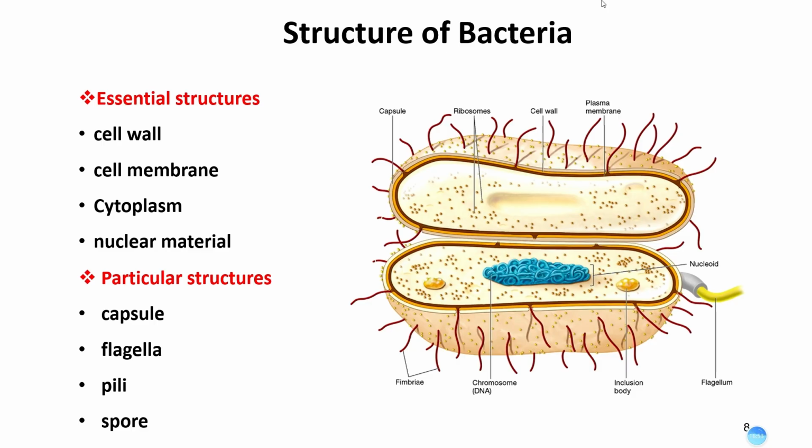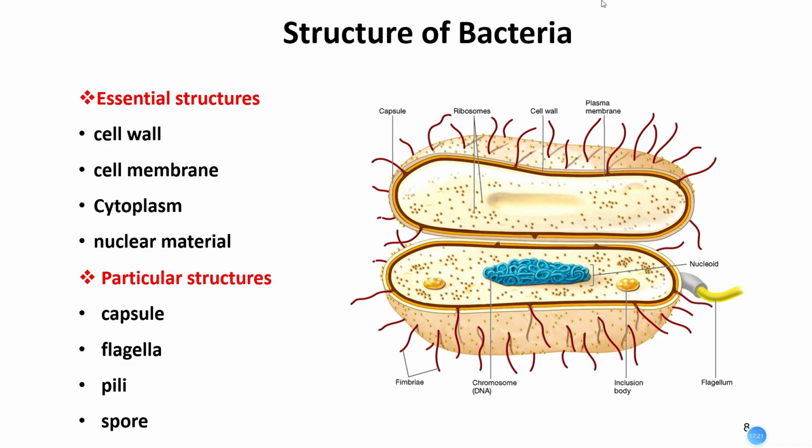We'll introduce that later. And they also have a cell membrane, the plasma membrane. And inside the cell is the cytoplasm. And they have their nuclear material. Even though they don't have a nucleus, they do have their DNA, the nuclear material, which is condensed in part of the cell.